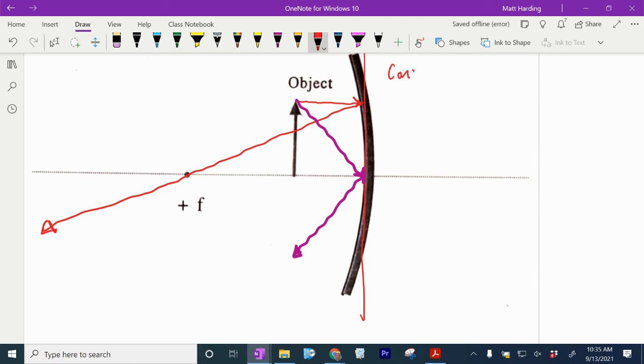So concave mirrors. Ray parallel to axis will reflect through the focal point.